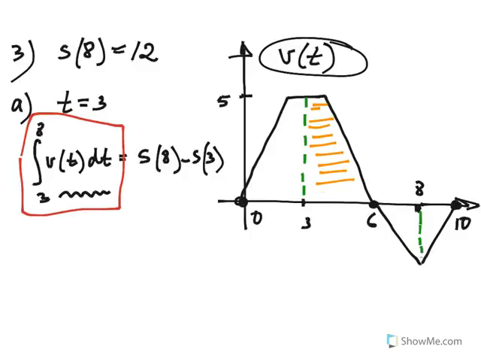So we're going to consider this piece and that piece. So, geometry. I see a trapezoid, so I'm going to do 1/2. The trapezoid is above the x-axis, so the value of my integral is going to be positive. So 1/2, one base plus another base.